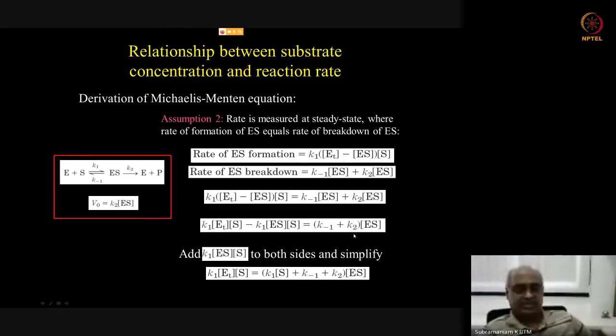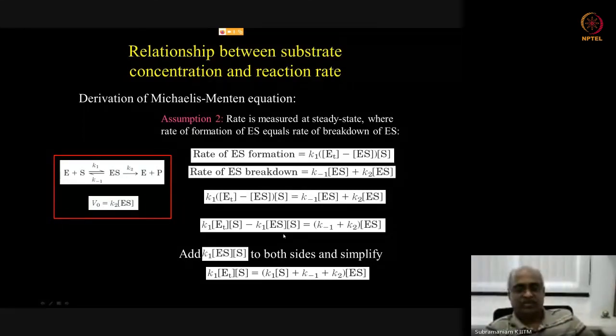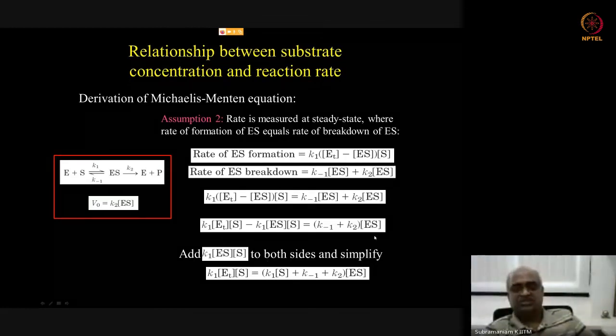In the interest of time, and assuming that these are very simple algebraic equations, and you have done a lot more complex ones in maths, I'm not taking time to derive the equation myself, and instead I am directly showing it in PowerPoint. I hope it is not a problem for you to understand. Now to further simplify, we are going to add this factor to both sides.